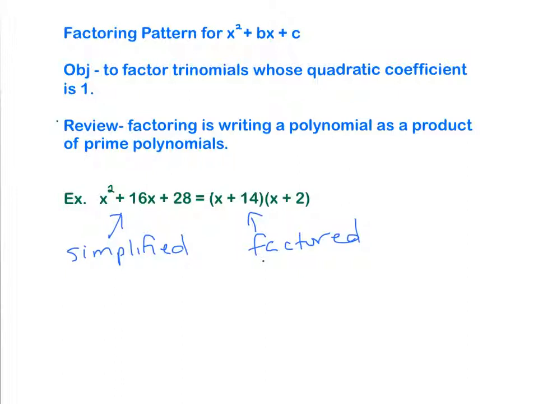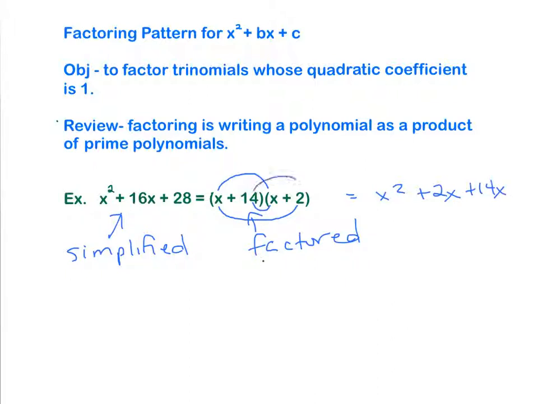Now, if you remember from when you were multiplying binomials, or you were multiplying polynomials, we did something called foiling. So if I take this example here and I FOIL, I take my first terms, x times x, I get x squared. And then I take my outside, x times 2, which is 2x. And then I take my inside, 14 times x.